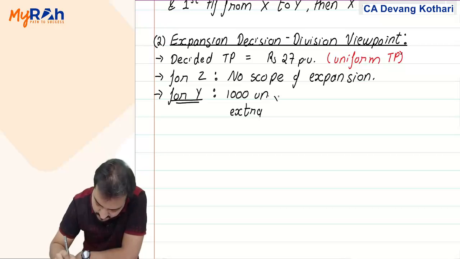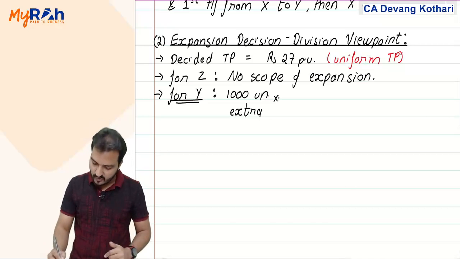1,000 units extra can be sold, on which it will earn some contribution. What contribution will it earn?